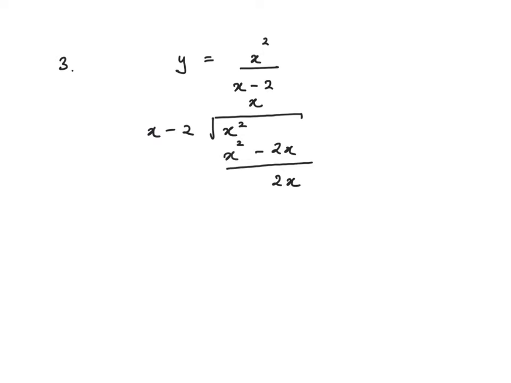Now, we have an x here and an x here, so we need to continue the process of simplification. The question then is, what do I multiply this x by in order to get 2x? I multiply by plus 2. So 2 times x is 2x. 2 times minus 2 is minus 4.